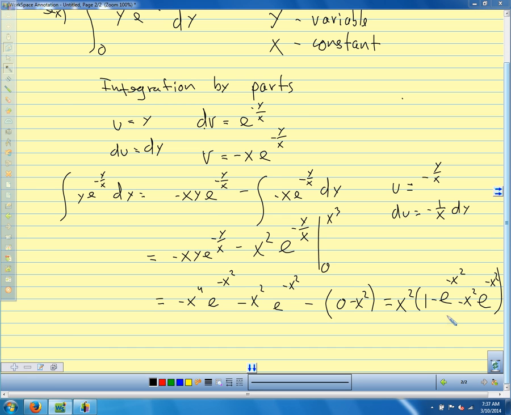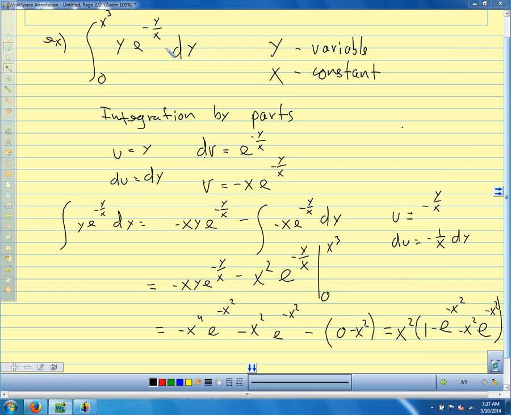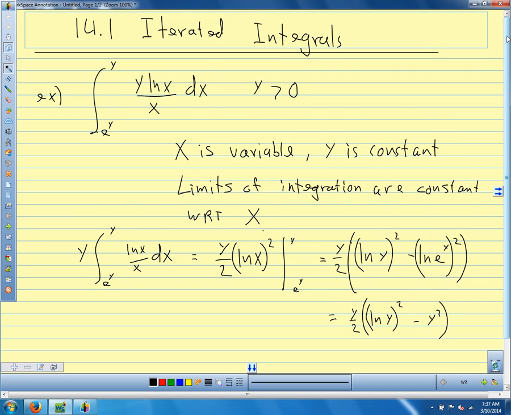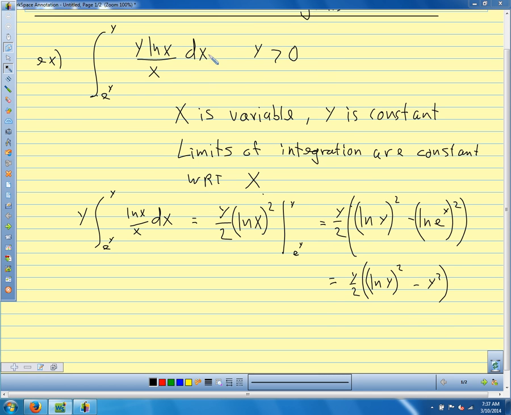So in each of these examples, now we could integrate this function with respect to x. We did one integral with respect to y, ended up with a function of x. Now we could integrate this function with respect to x. In our previous example, we evaluated an integral with respect to x, and we ended up with a function of y.